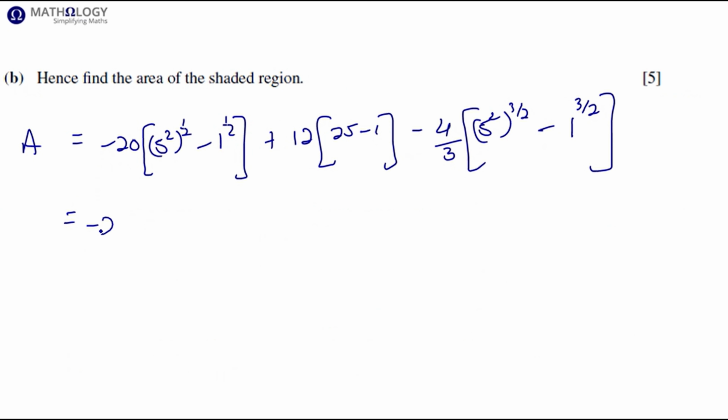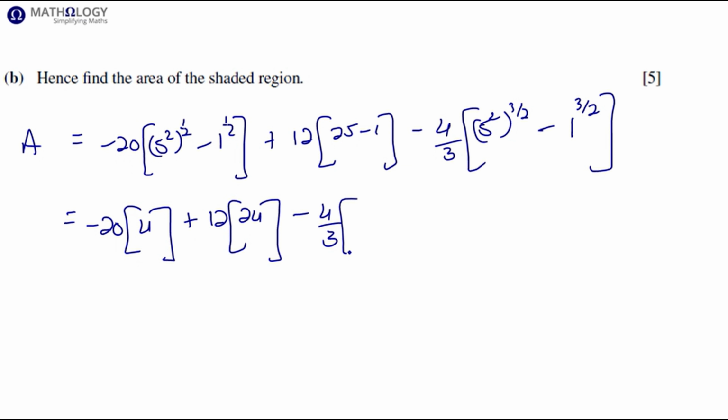So that equals minus 20 times 5 squared to the half, which is 5 to the 1, so it's going to be 5 minus 1, which is 4, plus 12 times 25 minus 1, which is 24, minus 4 thirds times 5 to the 3, which is 125 minus 1, that's 124.